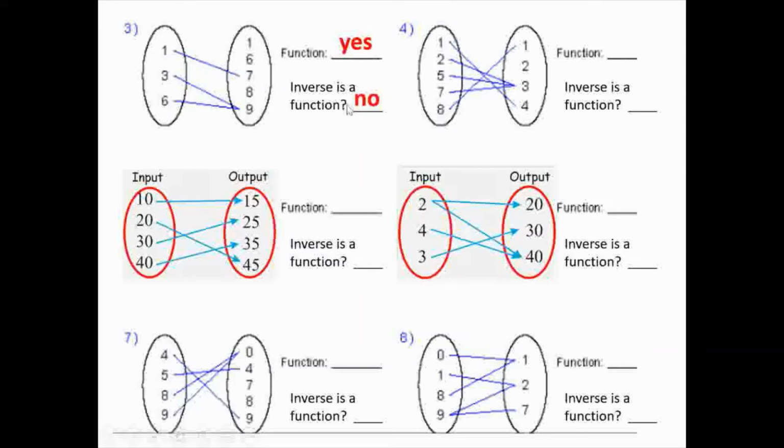In that case, the answer is no, because this time the input of 9 produces two different outputs. So we look left to right, inputs to outputs, for the original function, and then backwards to check if the inverse is a function, because the inverse is just the x and y values swapped. Try that for this next one. Is the original a function, and is the inverse a function? Original, yes.